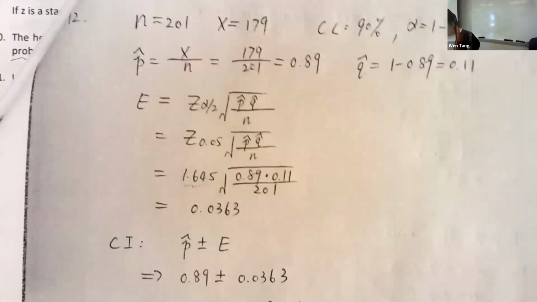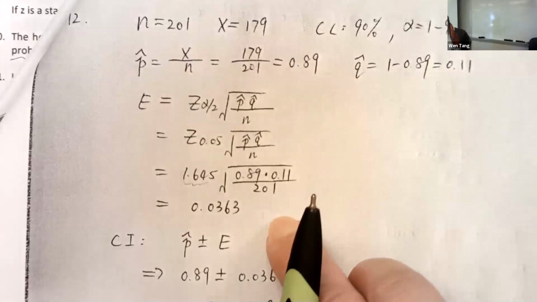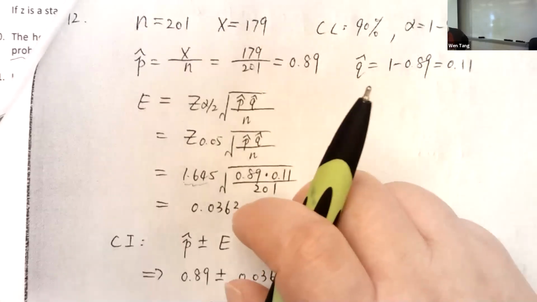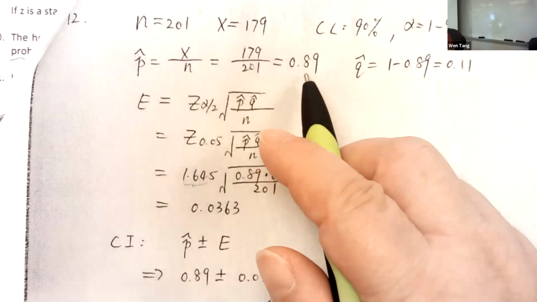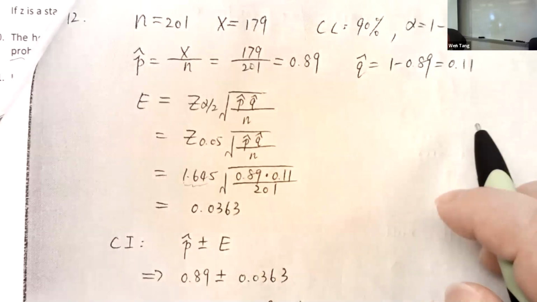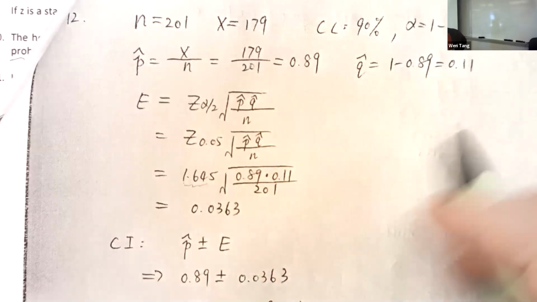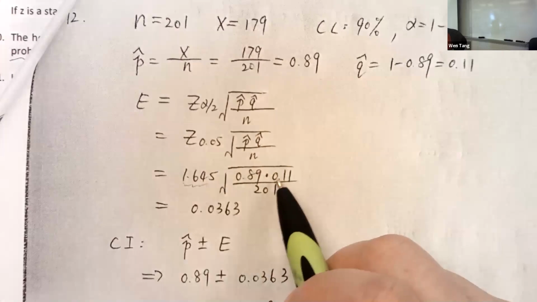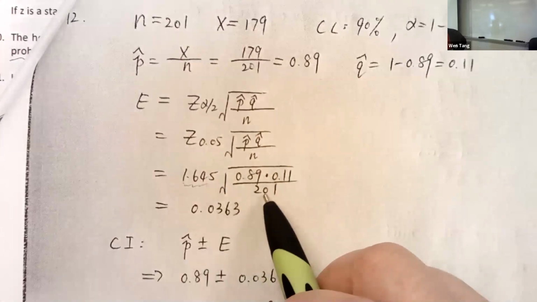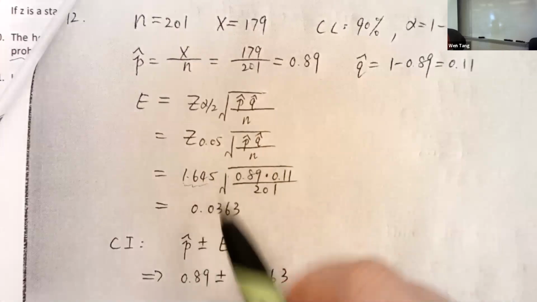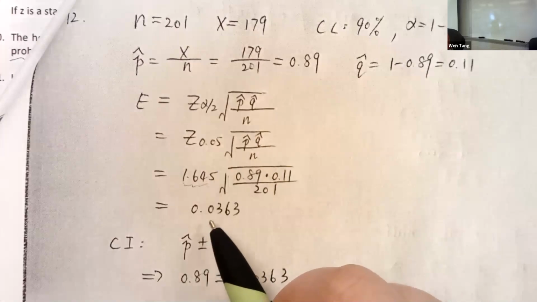So this time we still need to plug it into the formula. So p hat is 0.89. Q hat will be 1 minus p hat, right? We will get 0.11 and divide by the total number. Take the square root. After that, we will get the margin of error.